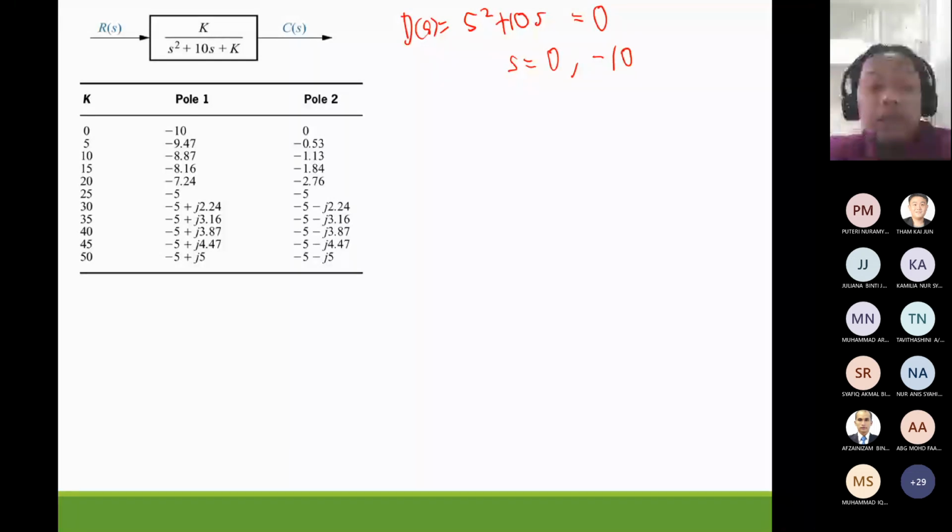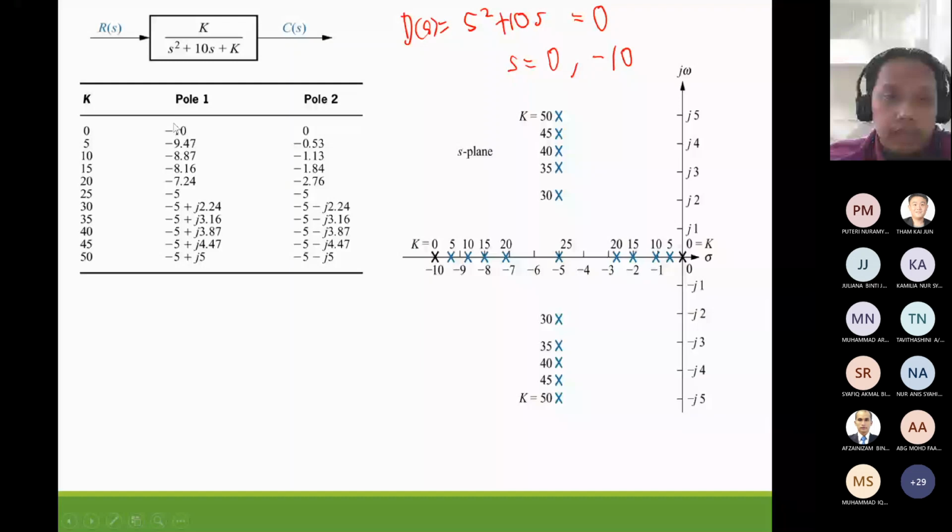And then you can change the value of K. In this example, it changes the K from 0 to 5 and then calculates the poles. And then repeat the process for K equals 10, 15, and so on, and determine the poles. So you have this table, value of K and value of poles. And then we can try plot all of these poles on S-plane.